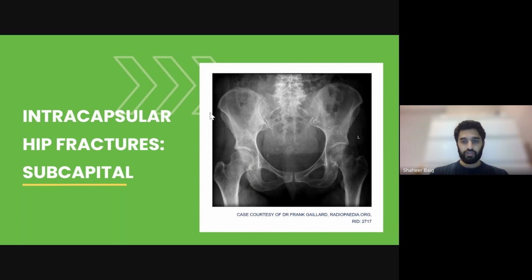You can see on this AP pelvis, there's a sclerotic line going through the left neck of femur. There's not much displacement, but if we compare it to the right side, which looks relatively uniform and normal, this sclerotic line gives us an idea that there is a fracture here.